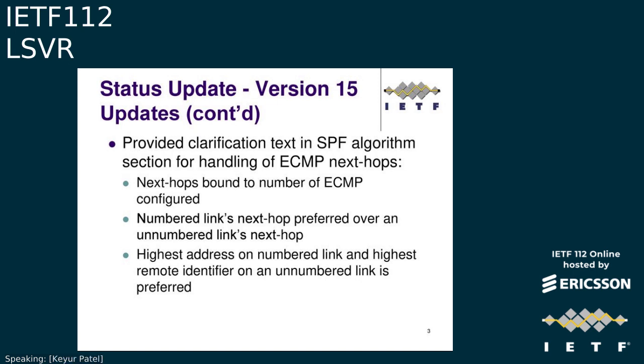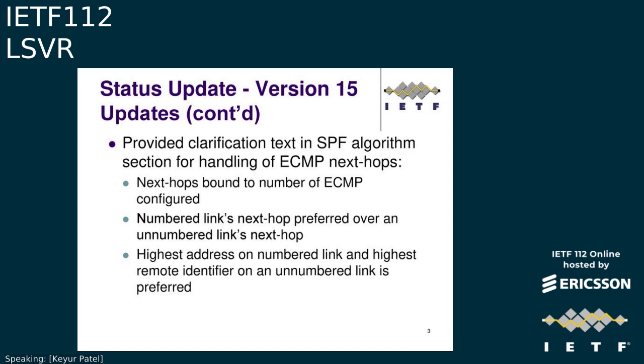Also, in the best path algorithm selection, which is an SPF algorithm here, we have provided clarification on the handling of ECMP next hops. Although this is very implementation dependent, it always makes sense to get to a deterministic ECMP selection. The way to get there is, first of all, the next hops should be bounded to the number of ECMPs that are configured on the router.